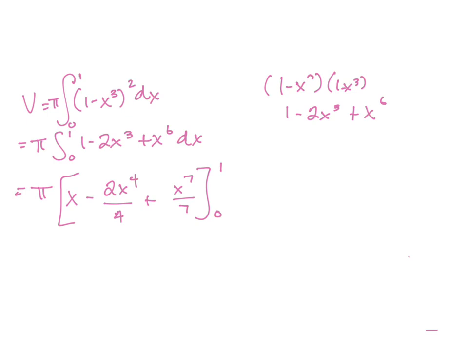At least it's not super gross. 1 minus 1 to the 4th over 2 plus 1 to the 7th minus 0. 1 over 7. One minus a half. Then I get half. Half plus 1/7.